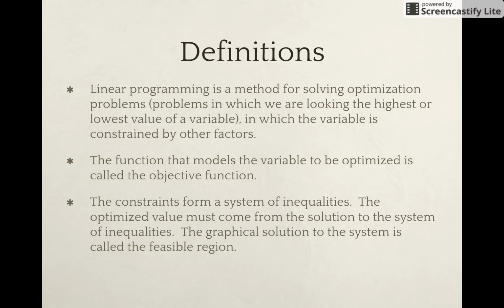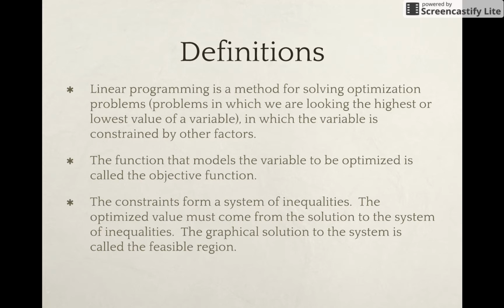Linear programming is a method for solving optimization problems. These are problems in which we're looking for the highest or lowest values of a variable, in which this variable is constrained by other factors. In some everyday scenarios, we may be interested in profit, and in that case we're interested in finding the highest profit.